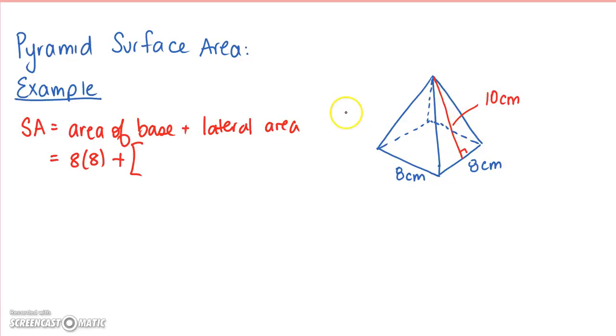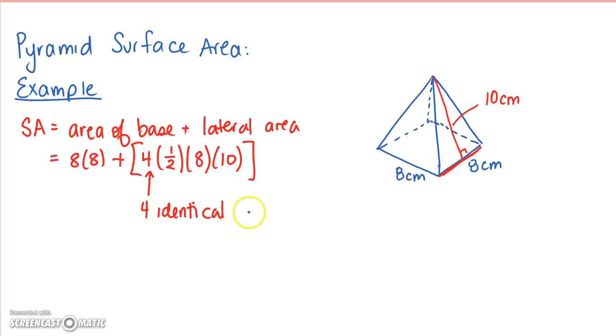So since they're all the same, we can actually say 4 times, and the area of a triangle is half your base times your perpendicular height. So half times 8, which is the base of your triangle. Your perpendicular height is given to you, so you multiply it by 10. So there are 4 identical triangles. And the area of a triangle is half base times perpendicular height.